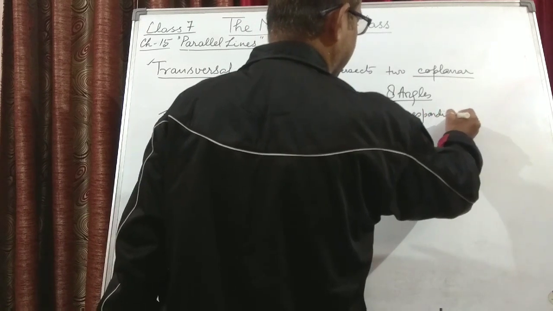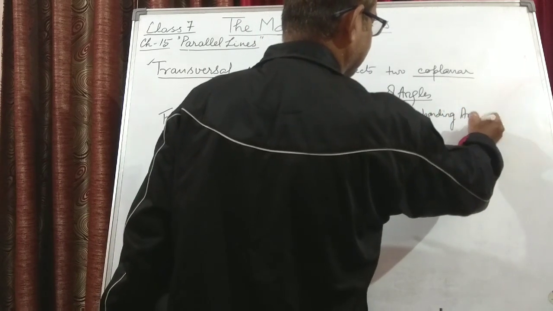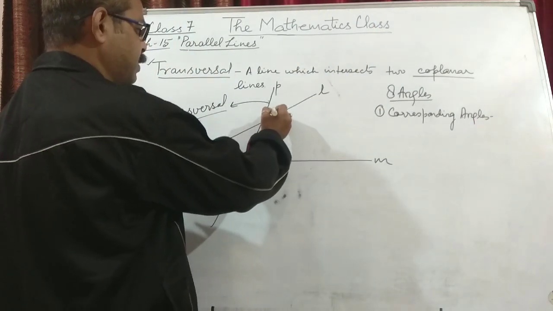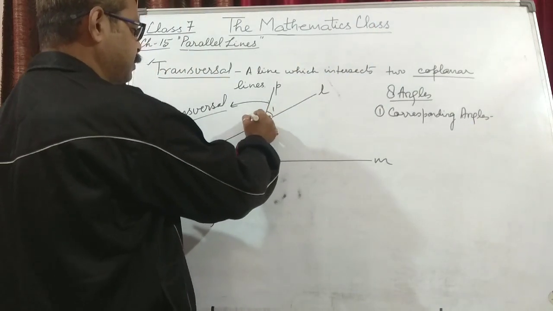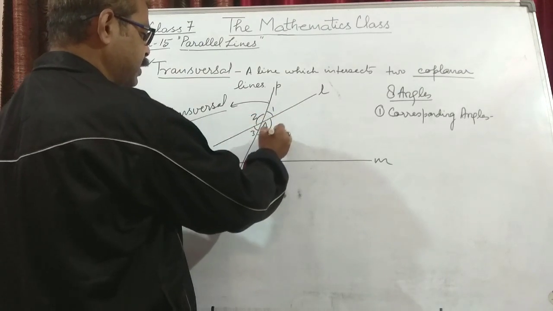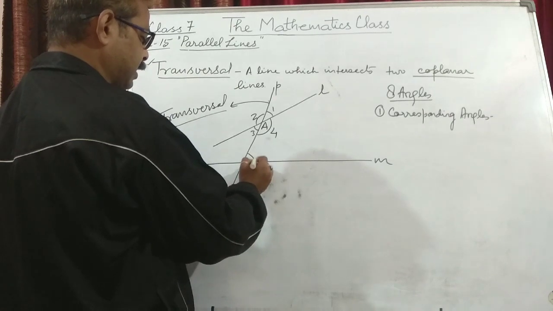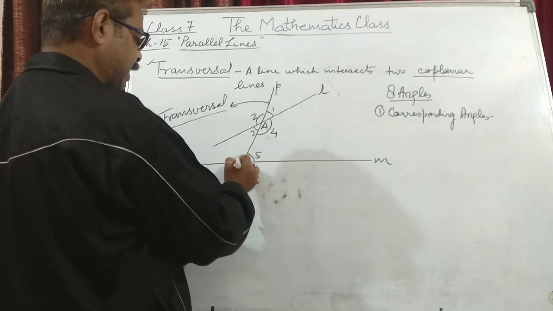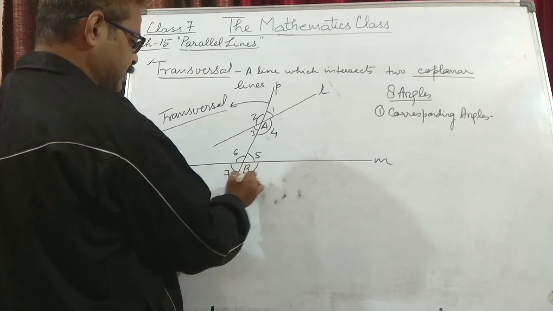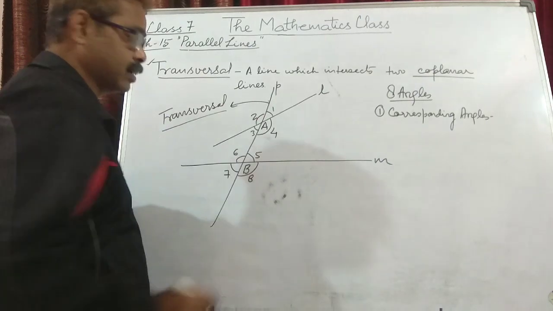Let us name them. Now let this angle be 1, this angle be 2, this 3, and this angle be 4. Then this angle is 5, this angle is 6, this angle is 7, and this angle is 8.